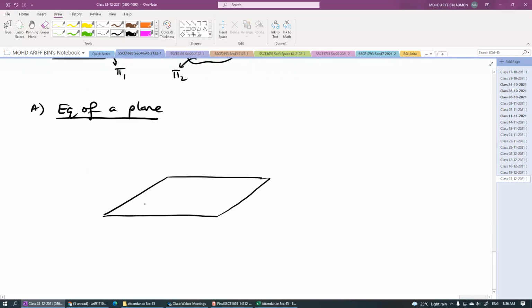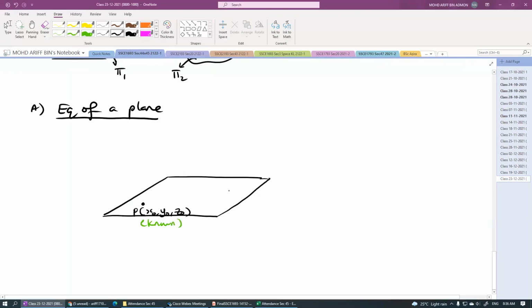If you know a point on your plane, for example this is your point P, with coordinates x naught, y naught, z naught, this is a known point located on the plane.